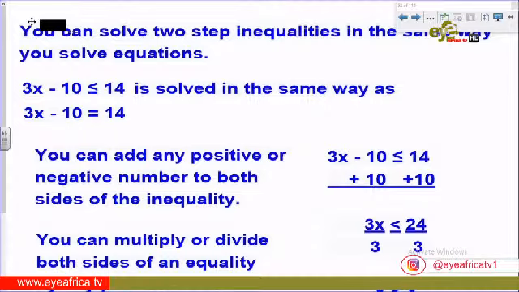The first one on top is an inequality, and the second one is an equation because it consists of an equal sign. Now to solve this, we undo the operation to isolate our variable. In doing so, we add 10 onto both sides. That will give us 3x is less than or equal to 24. We will be doing this here as an example.